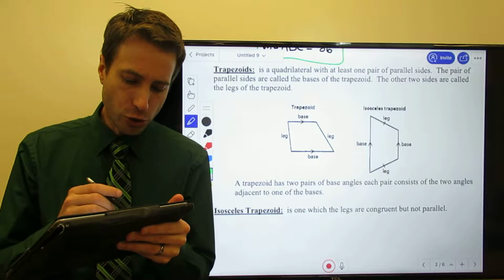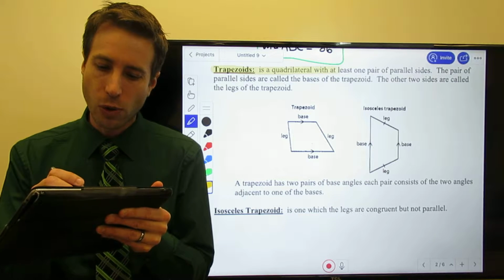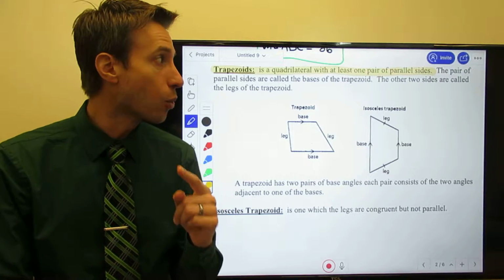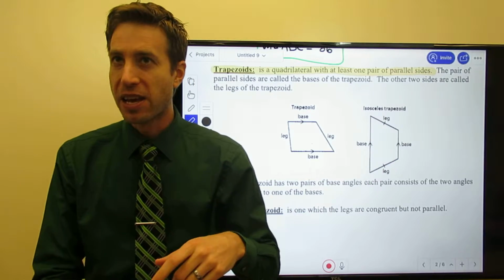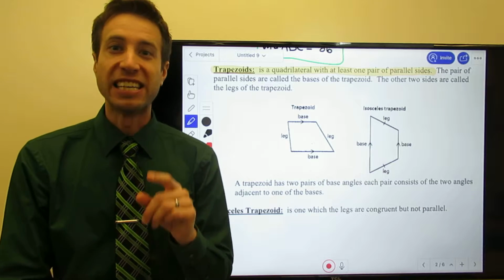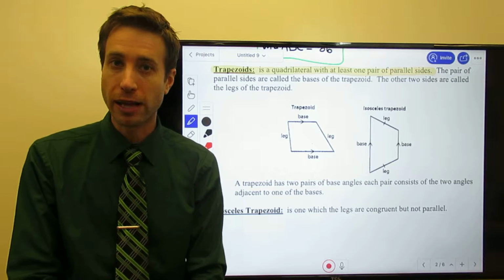When it comes to a trapezoid, here's what we've got. A trapezoid is a quadrilateral with at least one pair of parallel sides. Now, that is more like a parallelogram than a kite, but does that make a trapezoid a true parallelogram?